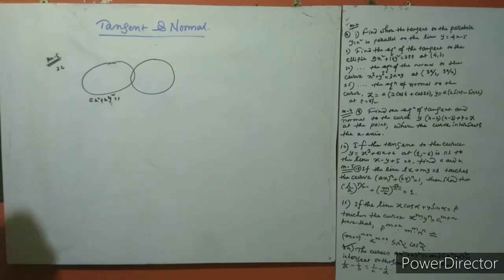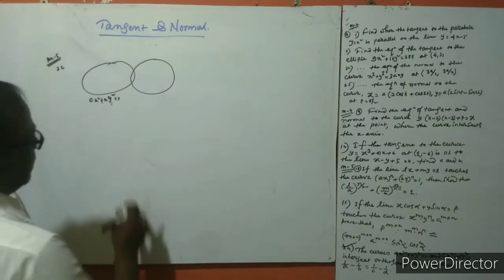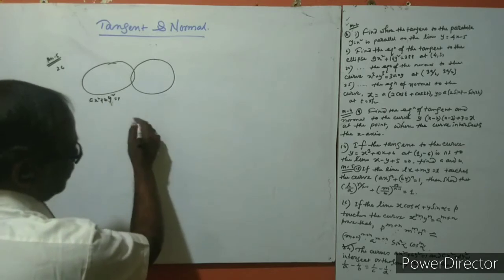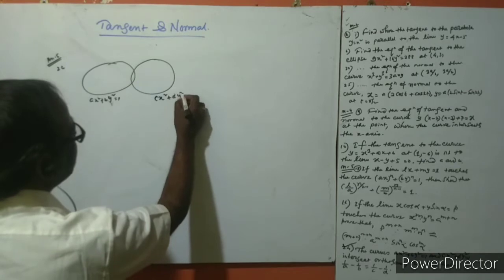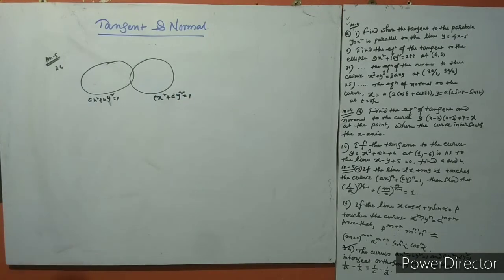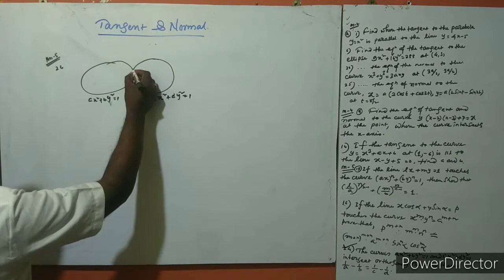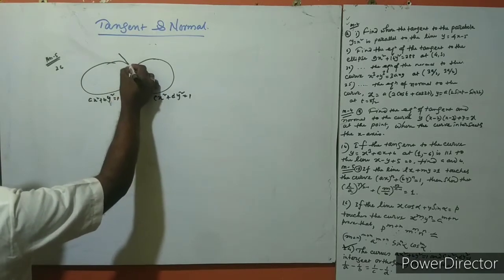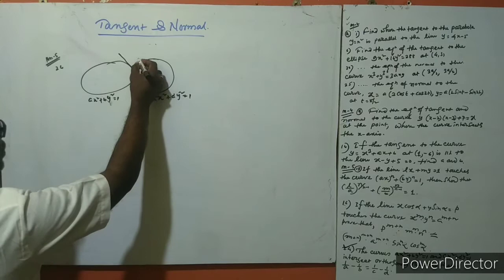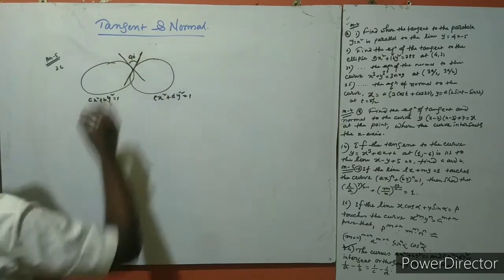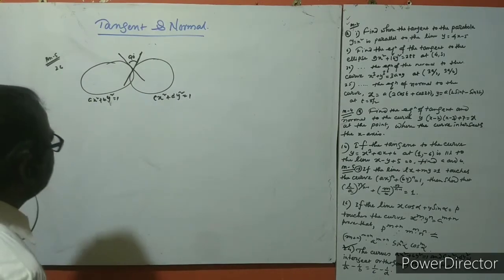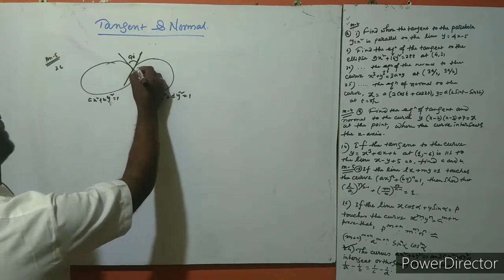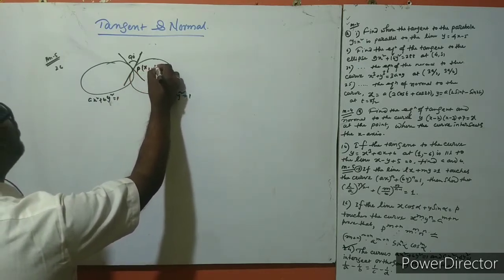The curves are ax square plus by square equal to 1 and cx square plus dy square equal to 1. See, they intersect at that point, and this is a tangent to one curve, and this is the tangent to the other curve, and this angle is 90 degrees. It means they cut orthogonally. So let us assume that point is P (x1, y1).